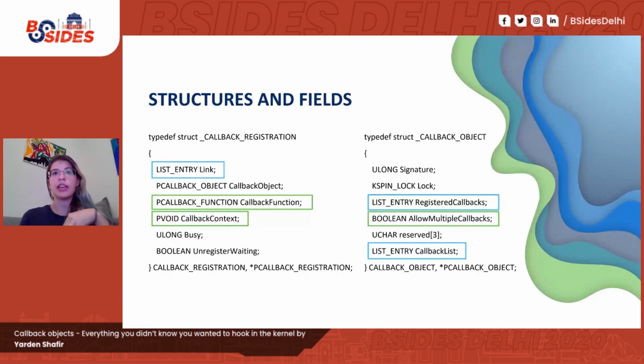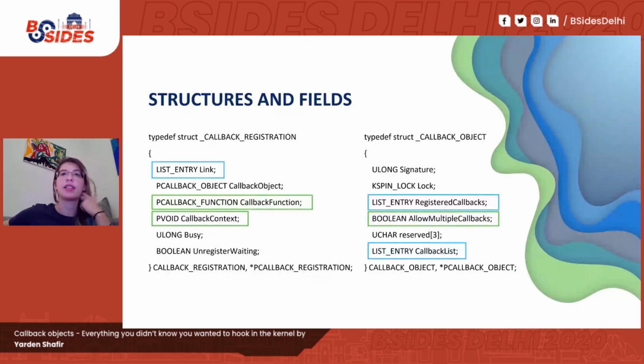The last field here is the callback list, which links all the callback objects in the system in a single list, which means once you have one callback object, you can find all of them. And the second is the list of registered callbacks, because when you register a function to be notified by a callback, you don't just register a function, you create a callback registration structure.